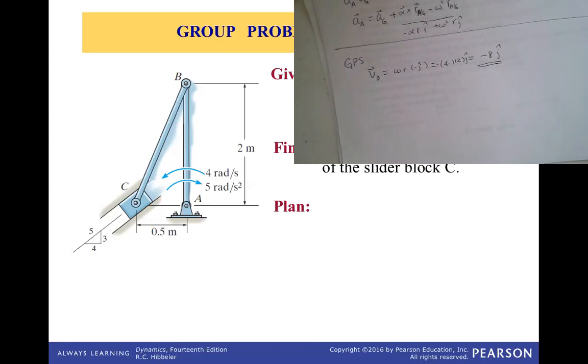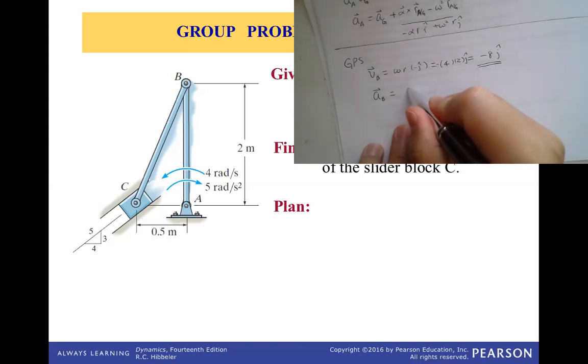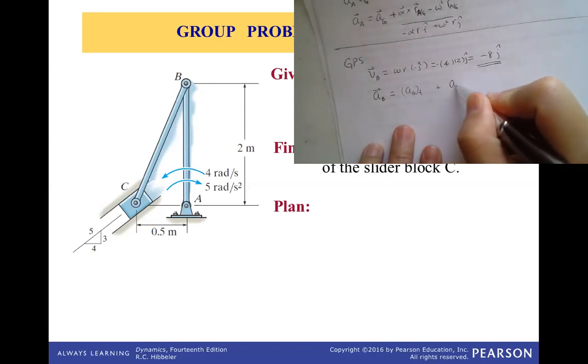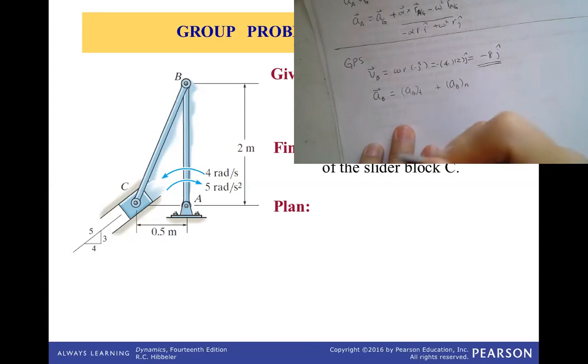And then the acceleration of B can be determined as well, because B is just rotating about point A, with respect to point A. So there will be a tangential component, and then there will be a normal component because this is rotating.